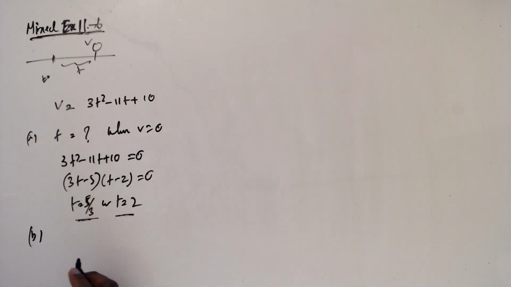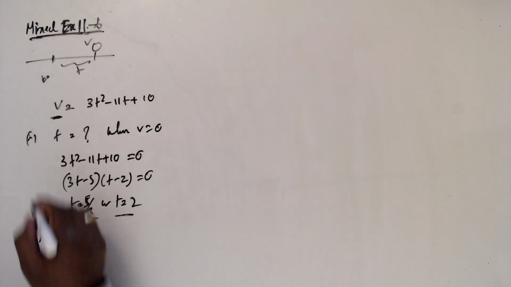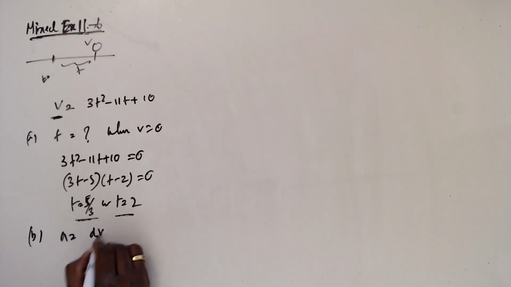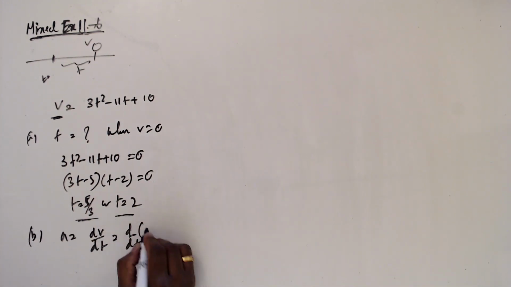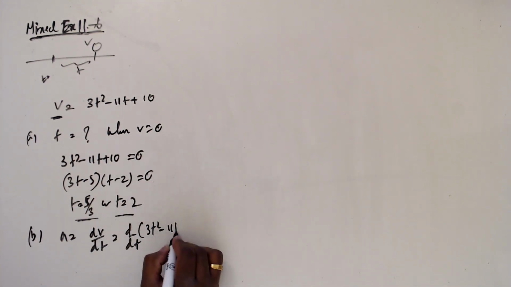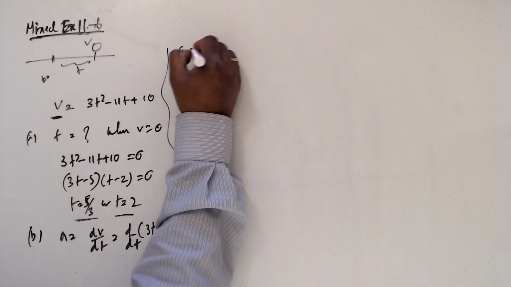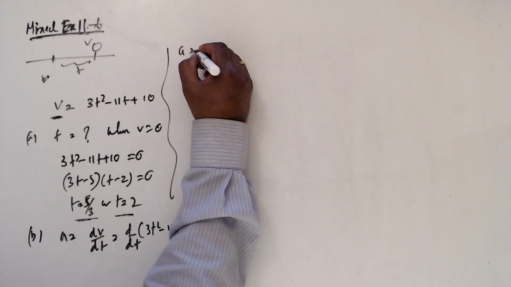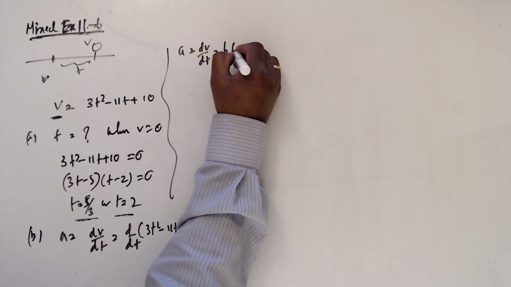Part B, we need to find the acceleration when t equals 4. We have the v. So acceleration means dv over dt, d over dt of 3t square minus 11t plus 10. When you differentiate this one, dv over dt is 6t minus 11.